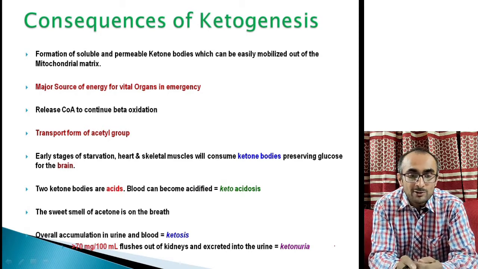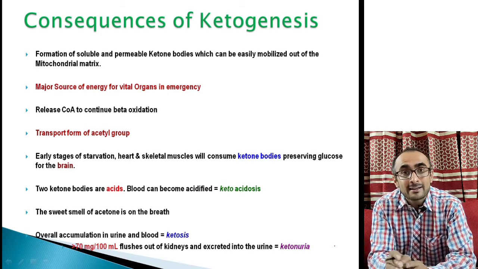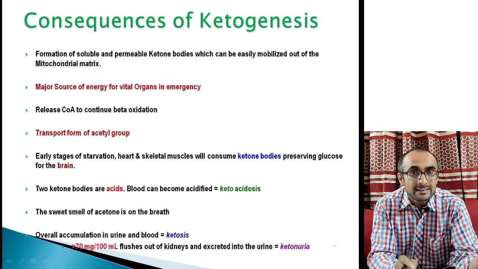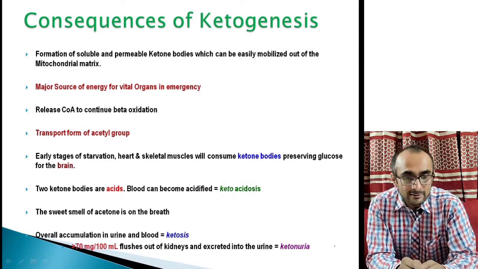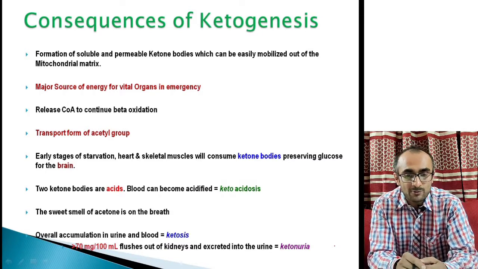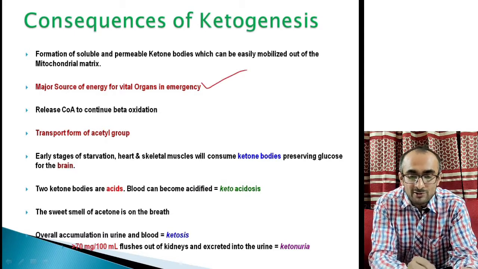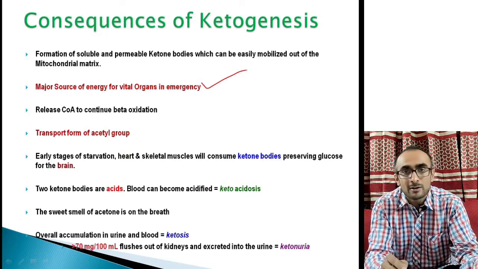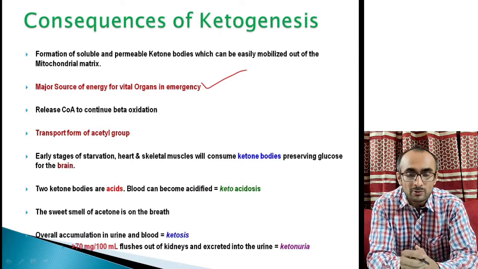So formation of ketone bodies ensures that acetyl coenzyme A can be circulated to other cells also for utilization in energy production. And ketone bodies are a major source of energy for vital organs in case of emergency. Emergency means when glucose concentration is low, like in case of fasting, starvation, or diabetes.